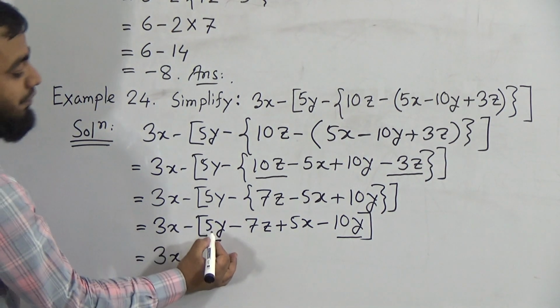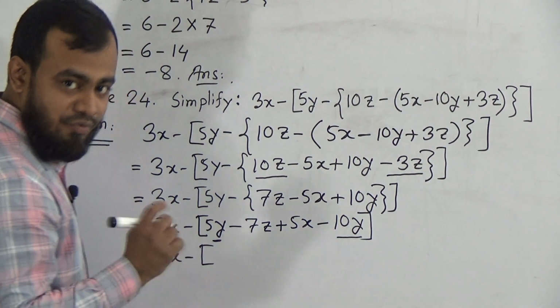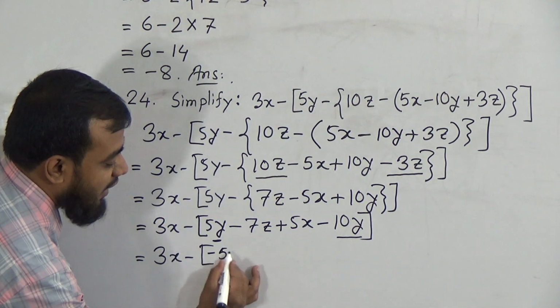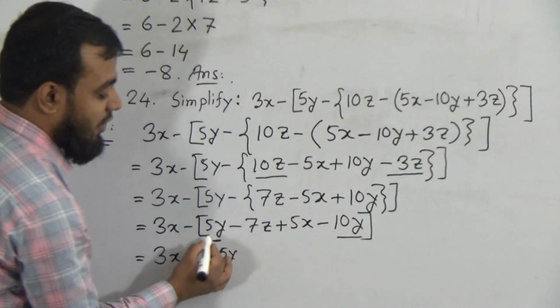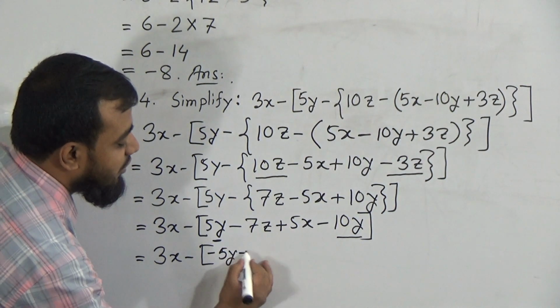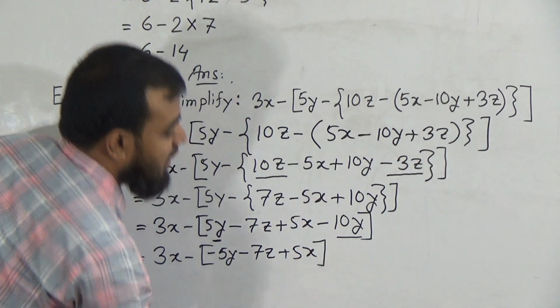Now from 5y we need to subtract 10y, so we will get minus 5y, and other terms will remain unchanged. That means 7 minus 7z plus 5x will remain unchanged.